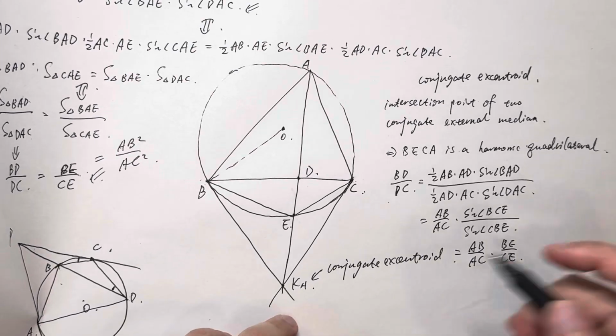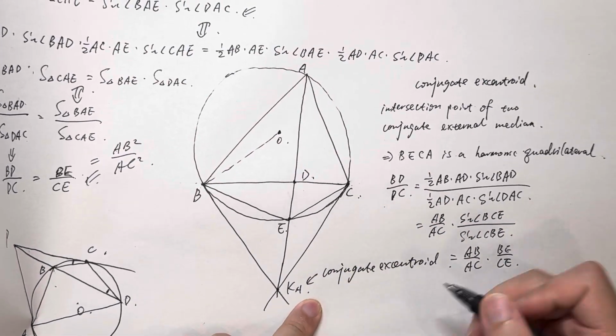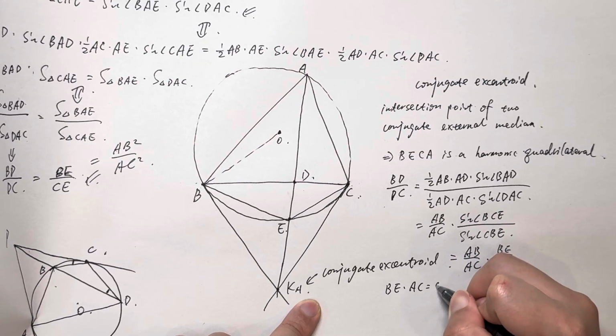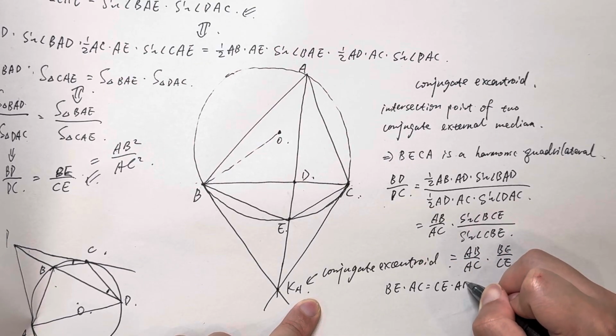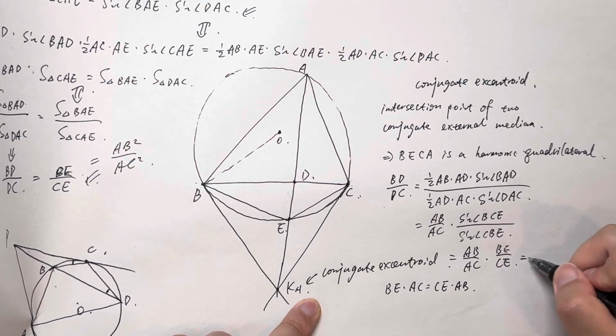Because we already know that ABEC is a harmonic quadrilateral, BE times AC equals CE times AB. So BE to CE equals AB to AC, which means this equals AB to AC squared.